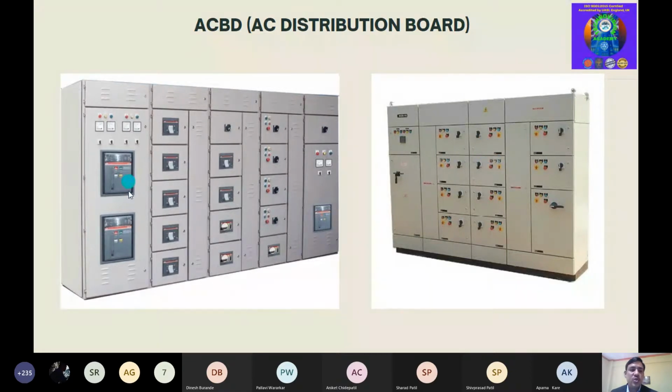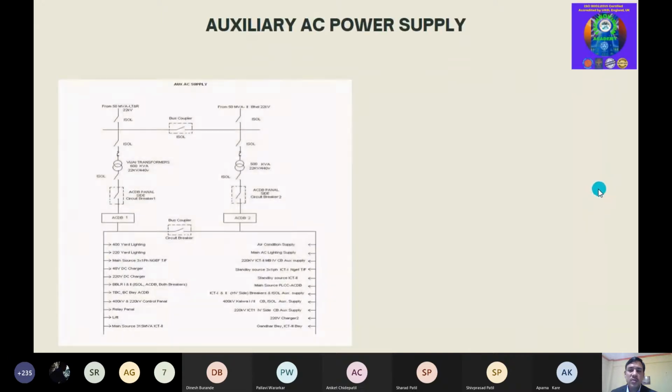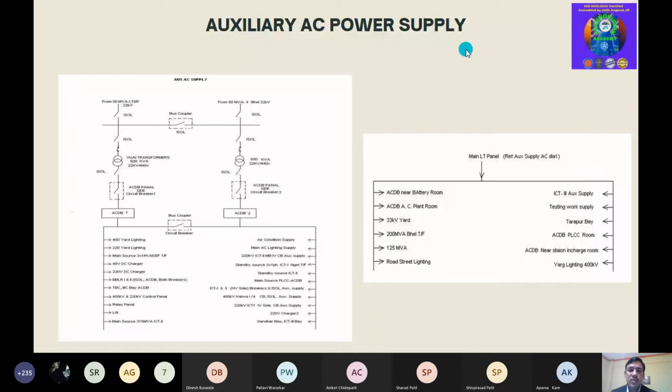Also there are some LT breakers, rack-out type breakers, that we use for the distribution of the AC system. So these are the AC distribution boards that we use indoors. Then the auxiliary supply arrangement in any substation is like this.